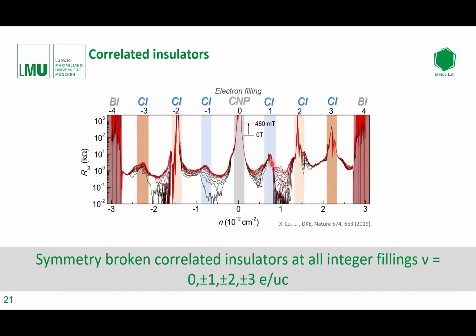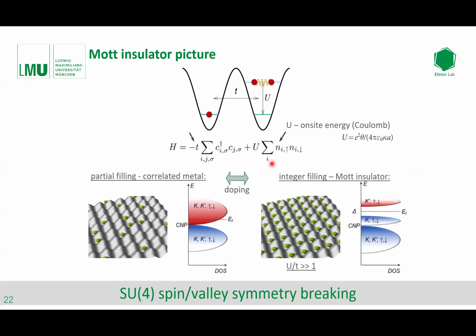Okay, and I will show in a second the different types of ground states that people are debating right now, but what we understand is that at high temperatures we have these non-symmetry broken Mott-like states, where we already have the onset of localization physics, where the electrons try to localize on the individual lattice sites, which gives rise to these resistance peaks.